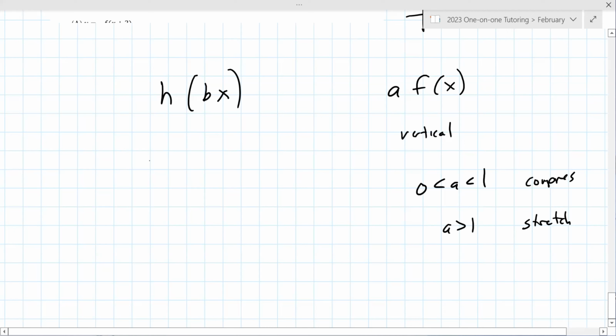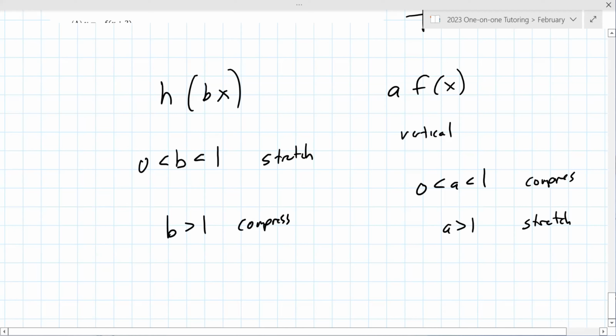When it's inside, this is where it's flipped. So if B is 0 less than B less than 1, it's a stretch. And then B greater than 1 is a compress. It's always opposite.